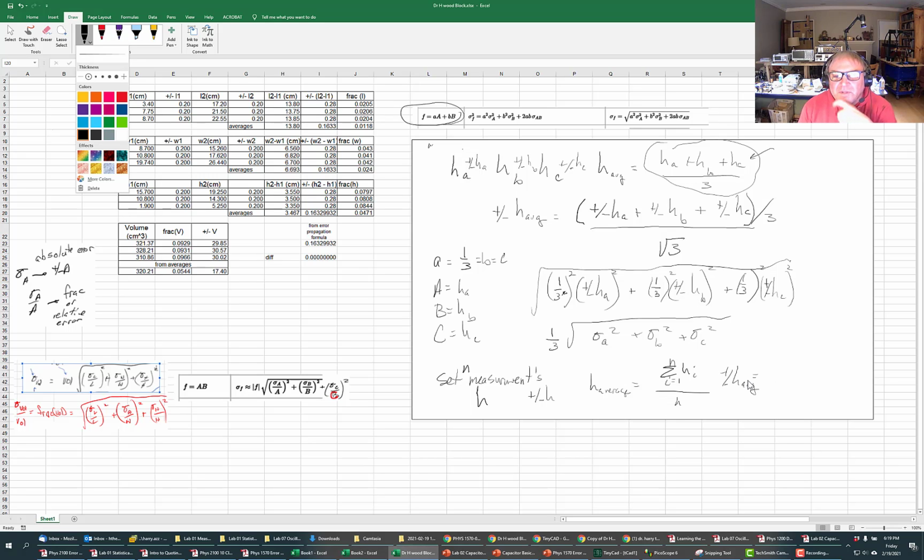So the plus minus of H average, I said, was to take the average of the plus minuses. So that would be sigma of plus minus HI, I equals 1 to n, divide by n, and then divide the whole mess by the square root of n.